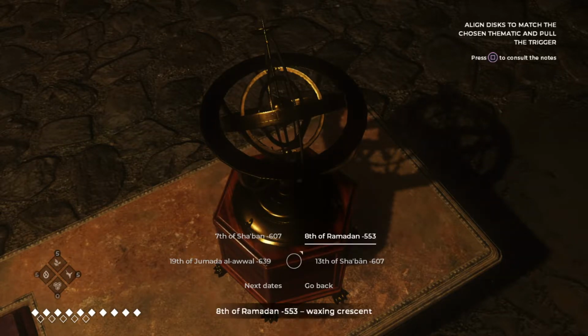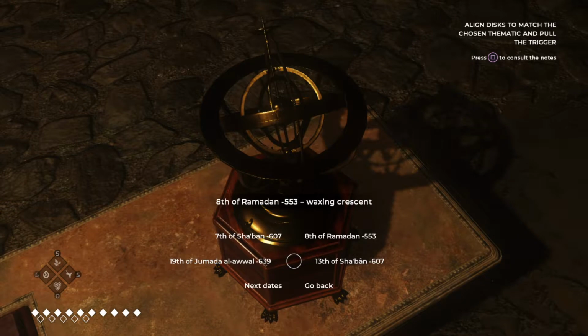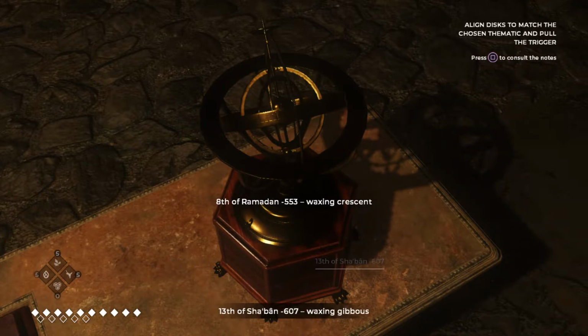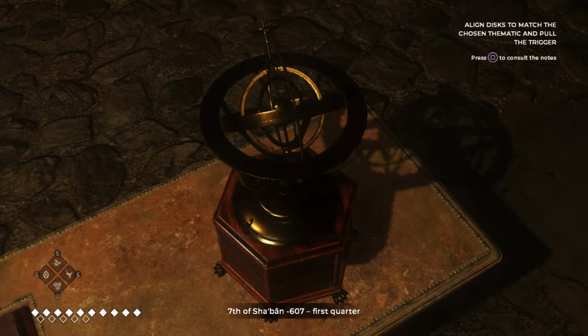Let's just go through them. 8th of Ramadan, 553, waxing crescent. Okay, so what's full moon? Sorry, what's the quarters then? 13th of Shaban, 607, waxing gibbous. Okay. 7th of Shaban, 607, first quarter.